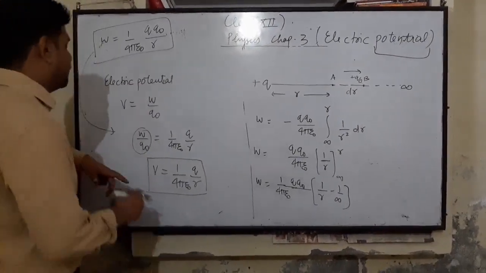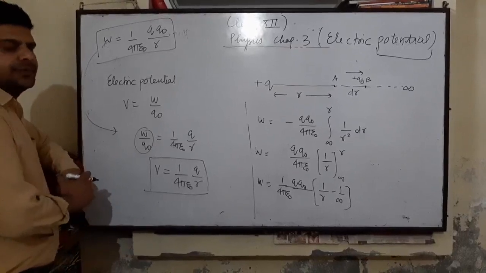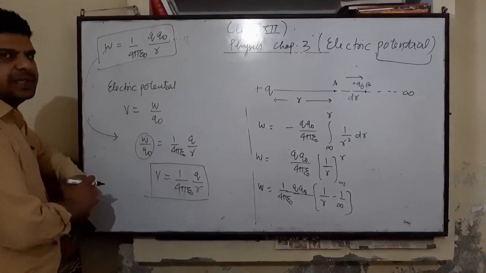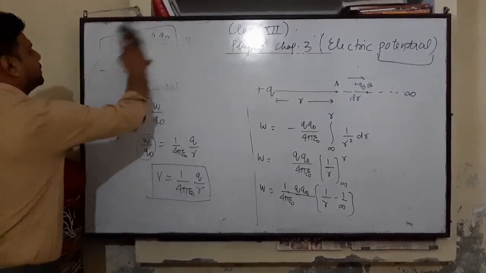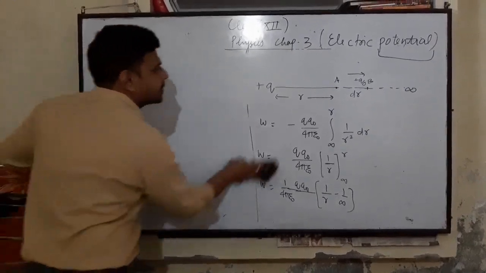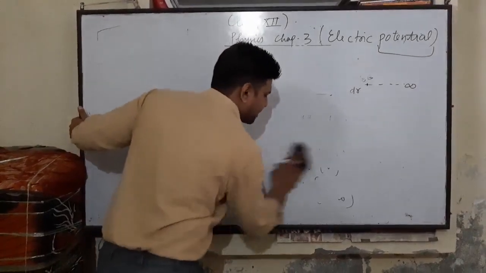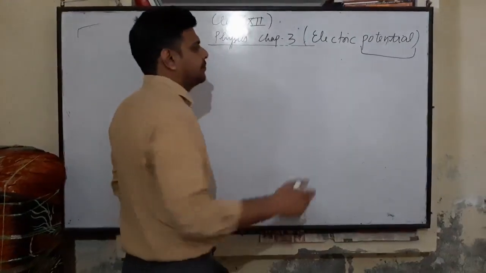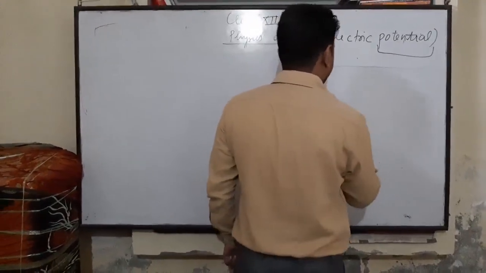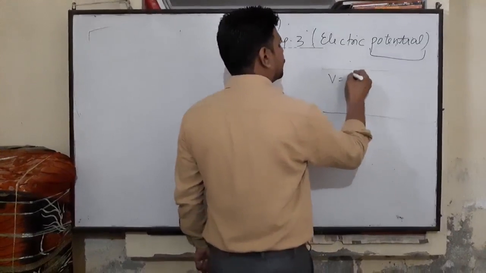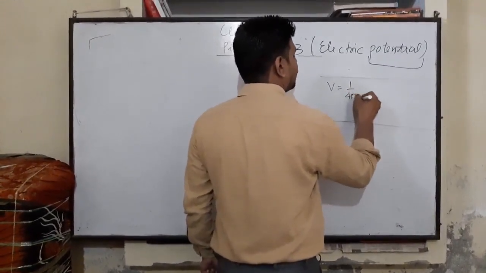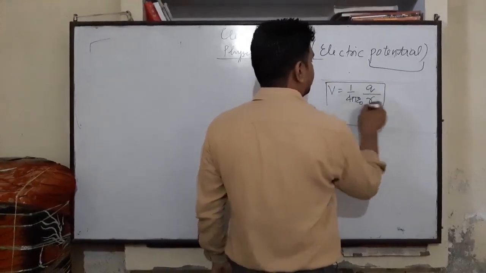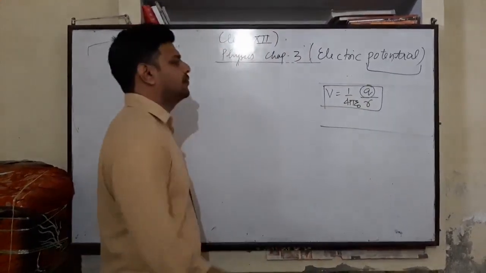Always remember V is a scalar quantity. So in this formula, V is 1 over 4 pi epsilon naught Q over r, we put the value of Q with sign.